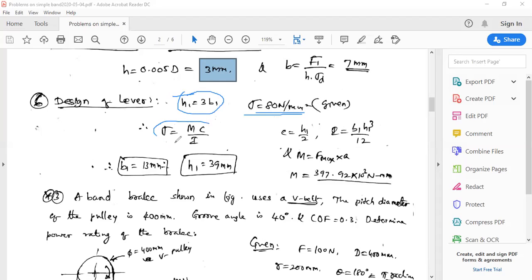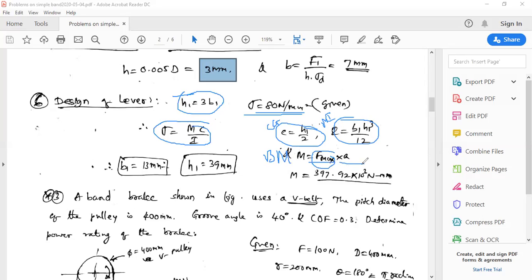Now by using the equation of bending, sigma equal to M into c divided by I, that is the bending stress equation. Here c is equal to h1 by 2 and I is equal to b1 h1 cube divided by 12. That is the moment of inertia equation, and this is the equation of CG from the extreme fiber. This is the maximum bending moment, M equal to F max into A. What is F max?